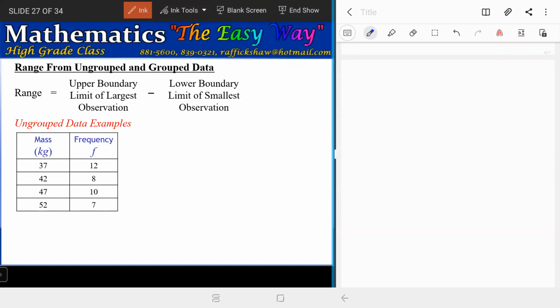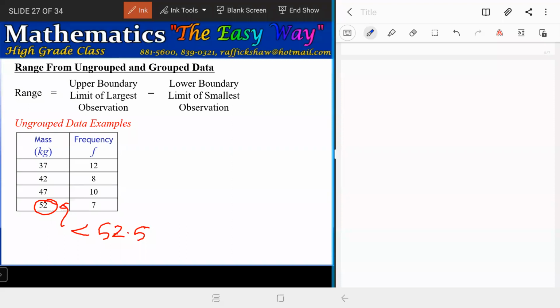Remember, this is measurement data, and so a 52 here can take values less than 52.5 but greater than or equal to 51.5. So any value less than 52.5 can be fit into this group as approximately 52, but still greater than 51.5.